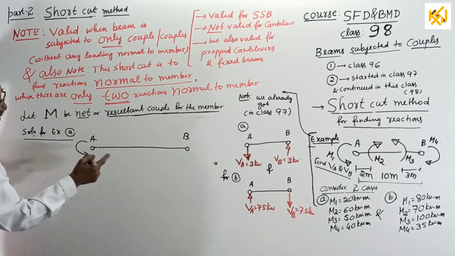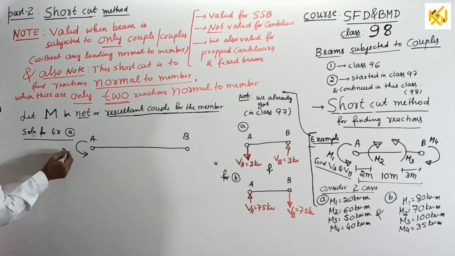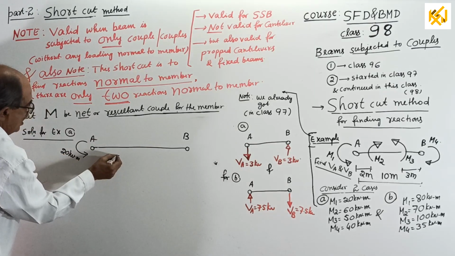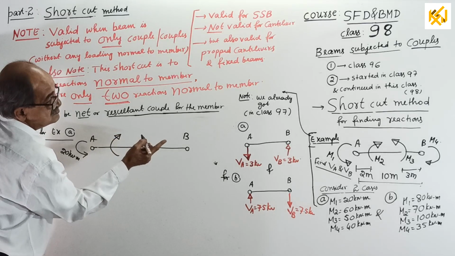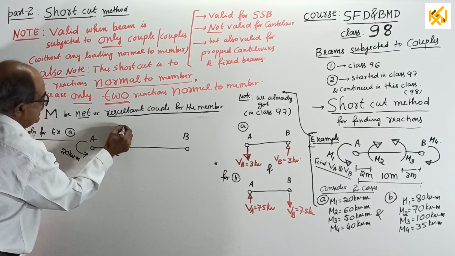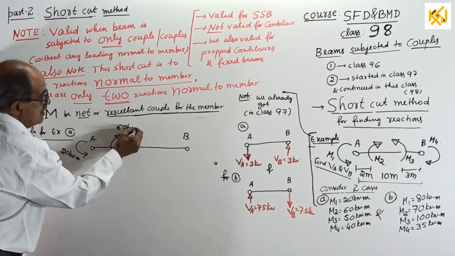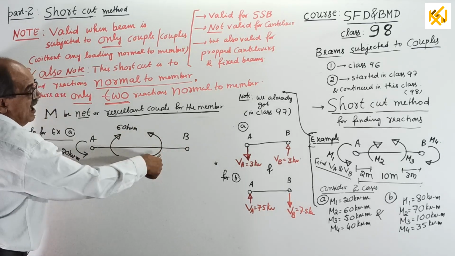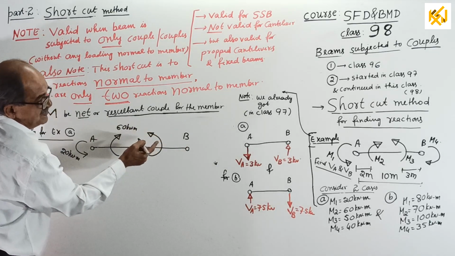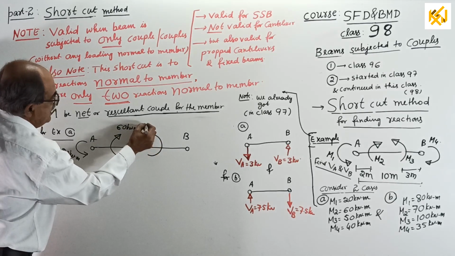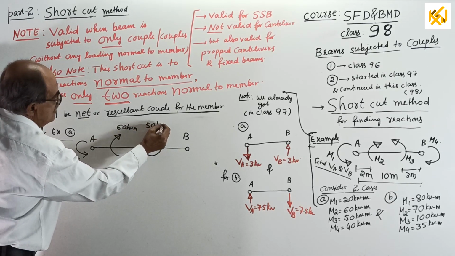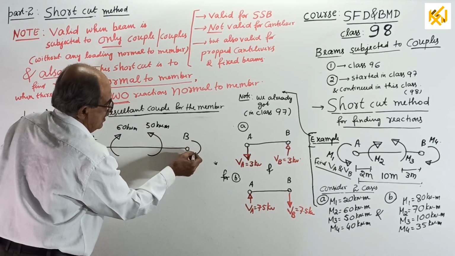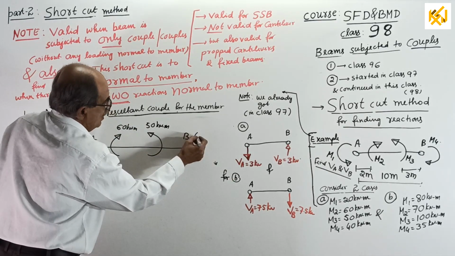Anti-clockwise couple of M1 20 kilonewton meter. Then clockwise couple here of M2 60 kilonewton meter. Little further. Anti-clockwise couple of M3, 50 kilonewton meter. And lastly, clockwise couple here of 40 kilonewton meter.